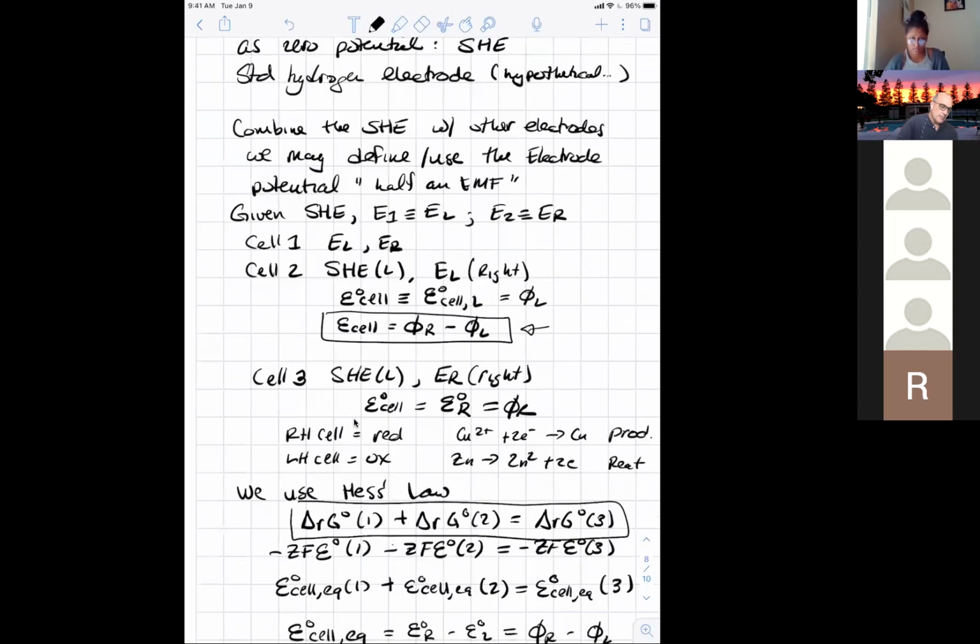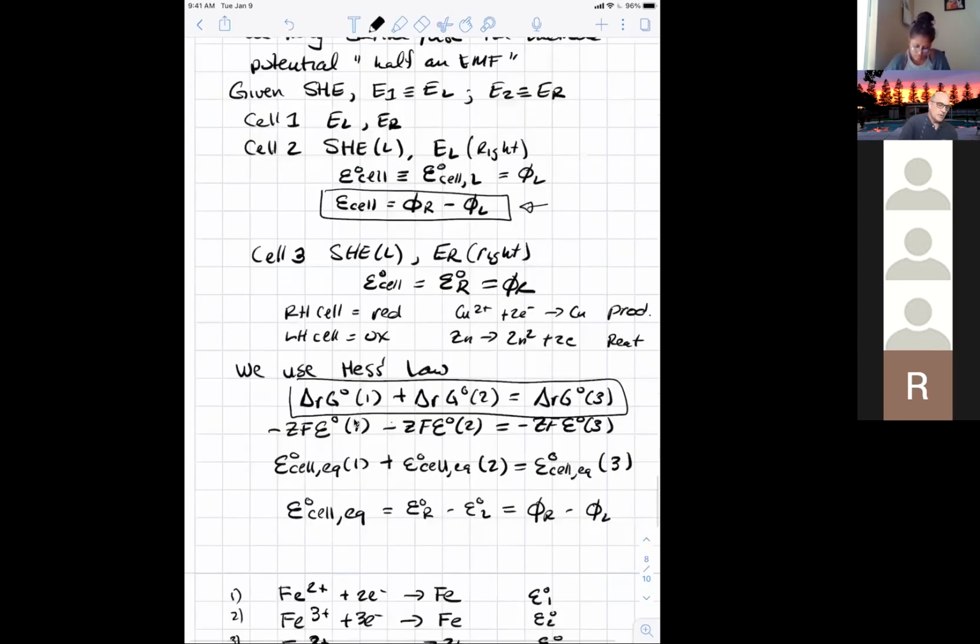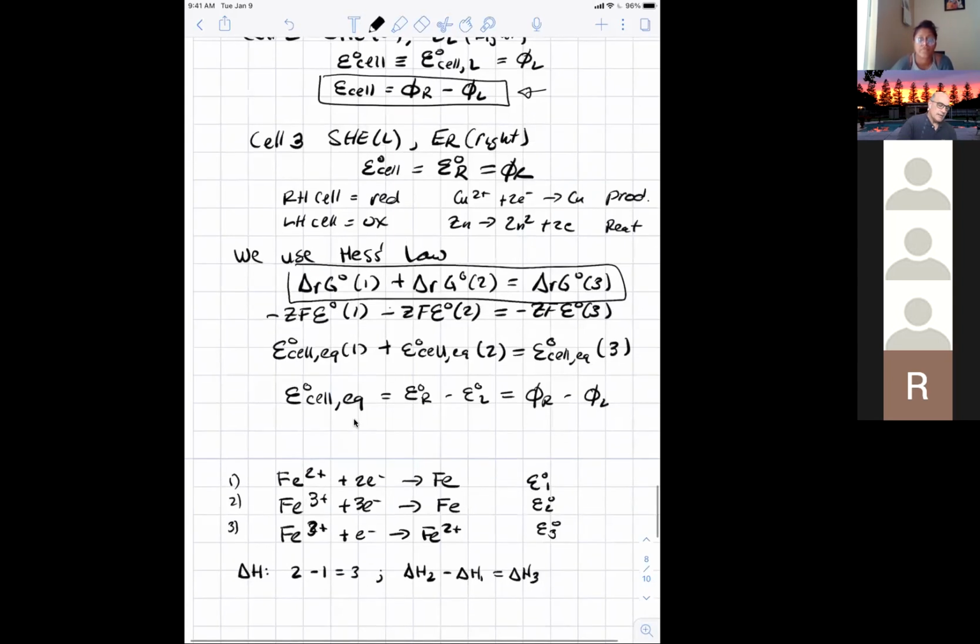But the difference is when we convert these to cell potentials, we have this factor of ZFE. The trouble here is that here, the Z equals 2, here the Z equals 3, and here the Z equals 1.